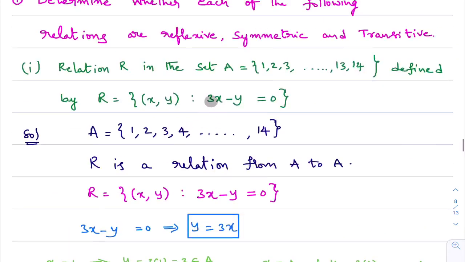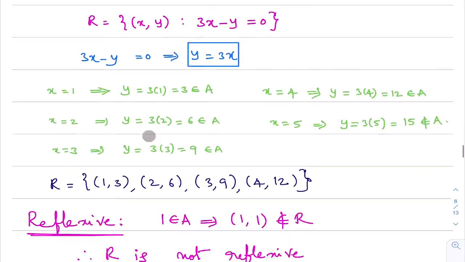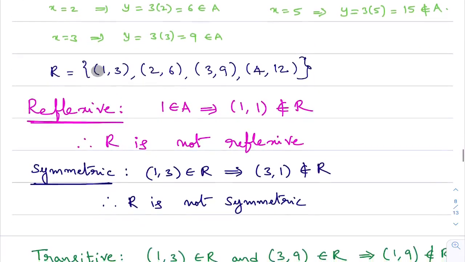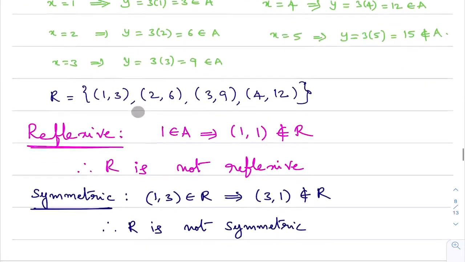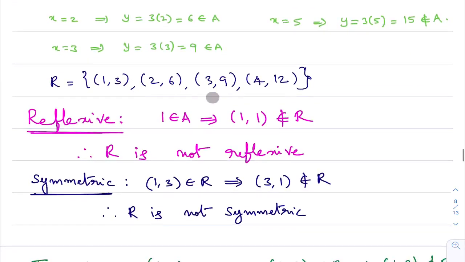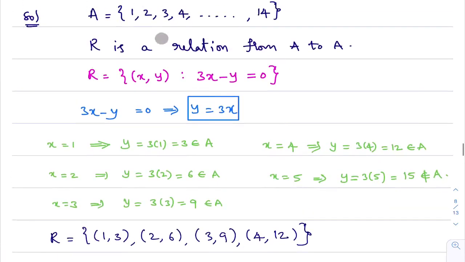In case you take 1 in set A, and suppose (1, 1) is there. You take 2, and ordered pair (2, 2) is also there. Can we say it is reflexive? No, you cannot. You need to check for every element in set A. What is the reflexive property? For every x belongs to A, ordered pair (x, x) is there in the relation or not, that you need to check.